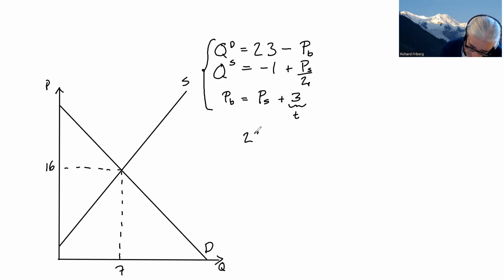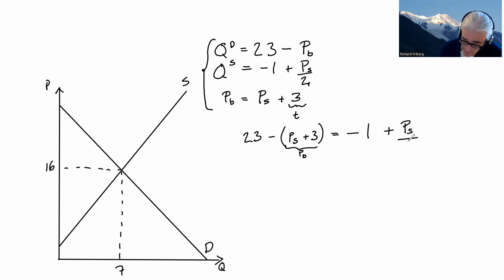So we plug that in. So we say 23 minus PB, but then instead of writing PB, we're inserting PS plus 3. And that has to equal -1 plus PS over 2. Okay, so now we have PS as the only unknown in this expression. Okay, so we can multiply up the 2 here.